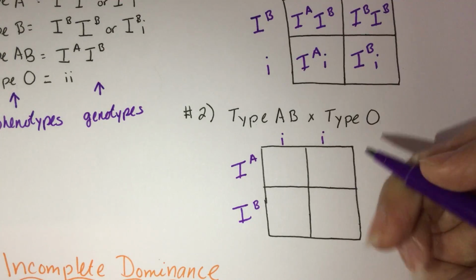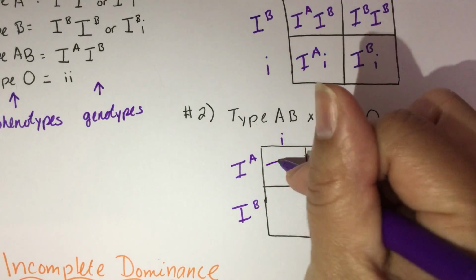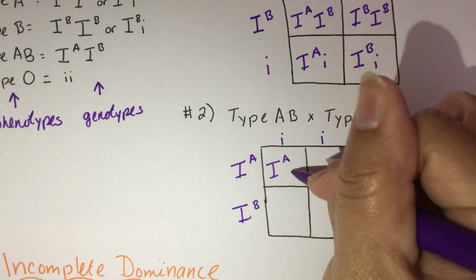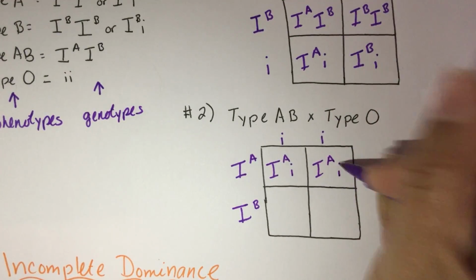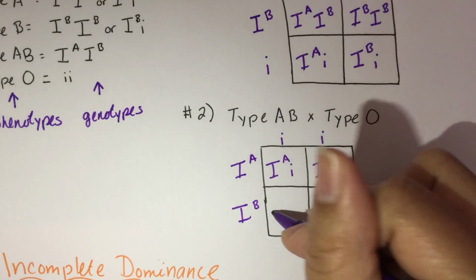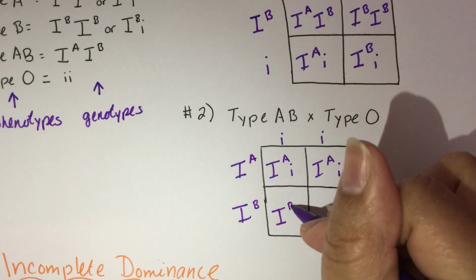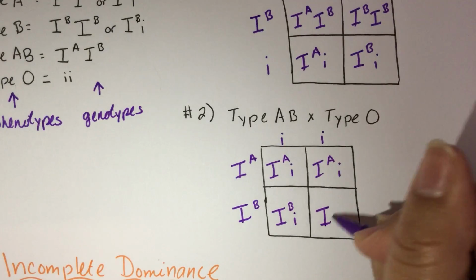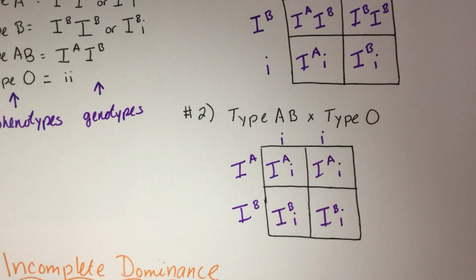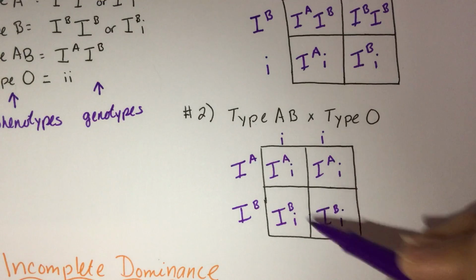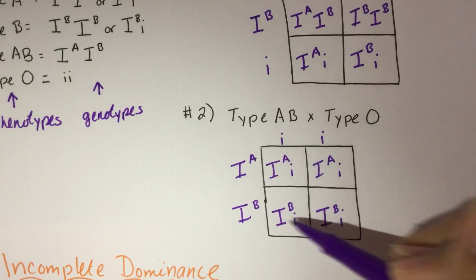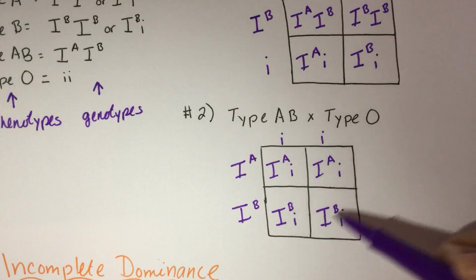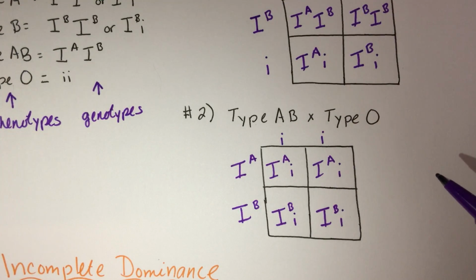So when I do this cross, I'm going to put my dominant first: big I, big A, little I, big I, big A, little I, big I, big B, little I, and big I, big B, little I. So that means all of their offspring are either type A blood or type B blood. You can't have any type AB offspring or type O offspring in this case.